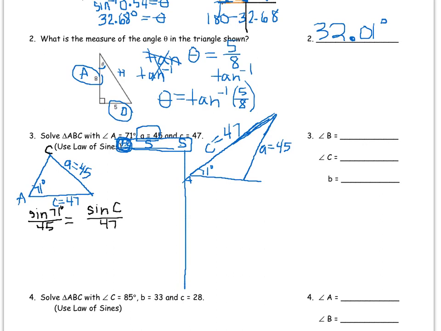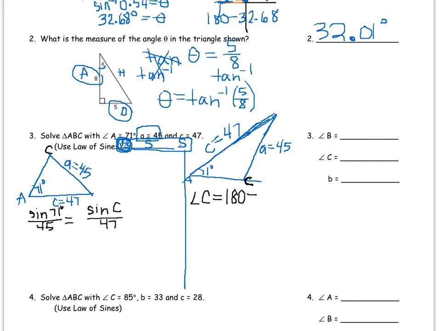We'd have the exact same setup for the other triangle. To find my angle C for the second triangle, I'm just going to do 180 degrees minus whatever I find for my first triangle. That's how I find my two different angle C's.